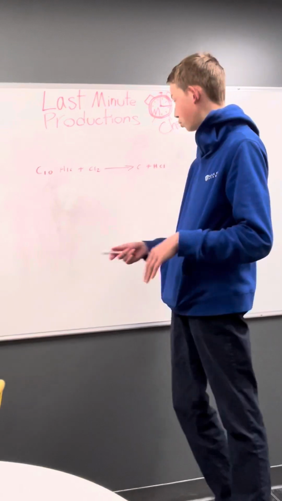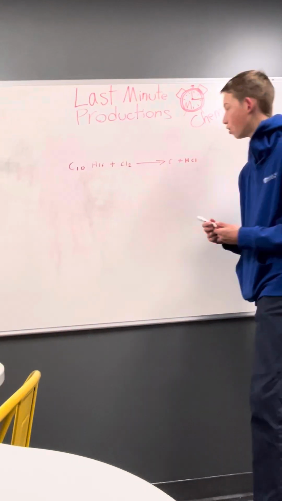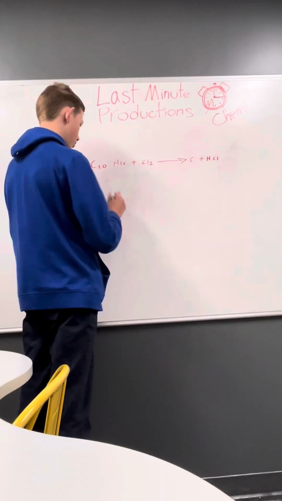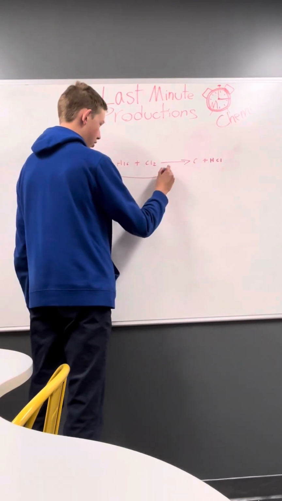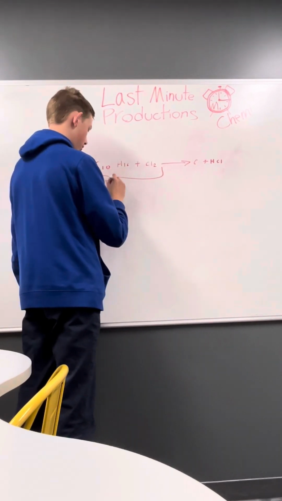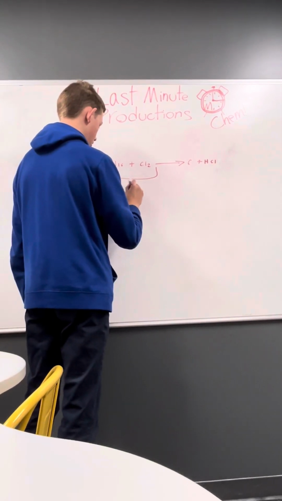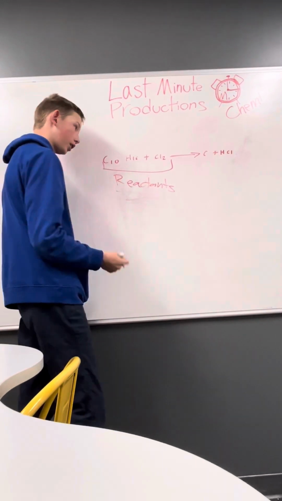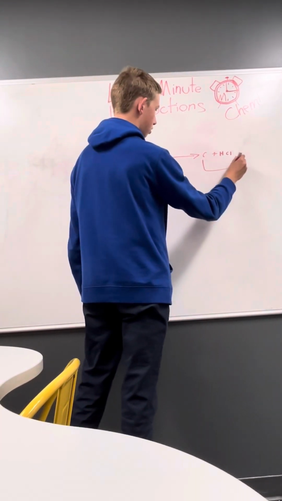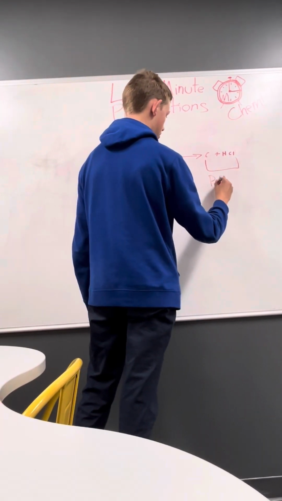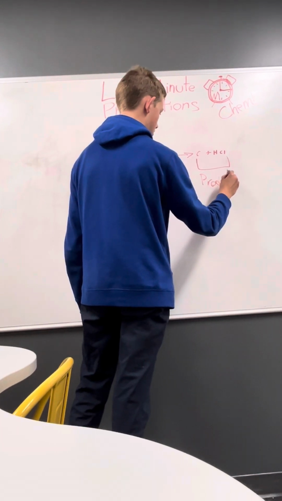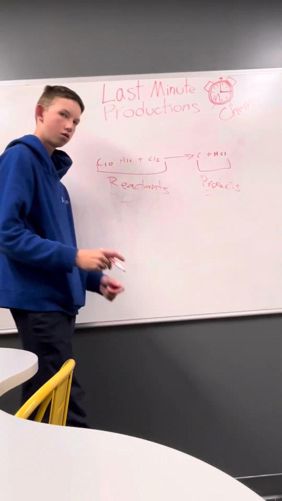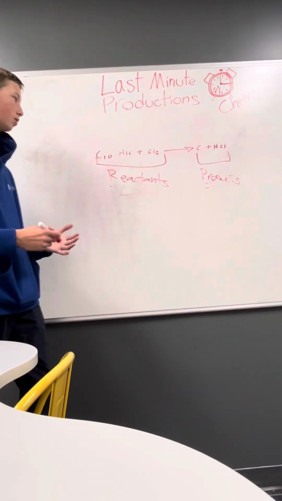So, the first step to solving this kind of equation is, first we have to separate our products from our reactants. This side right here is our reactants. And this side over here is our products.